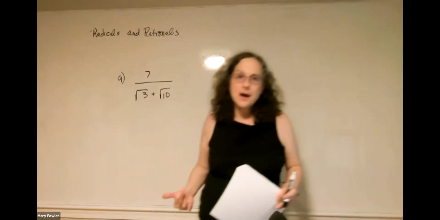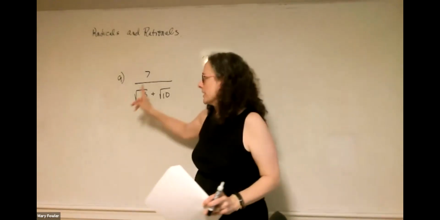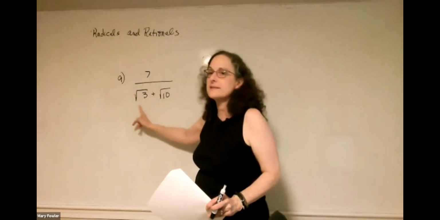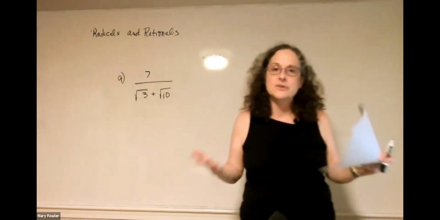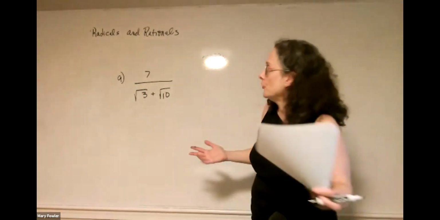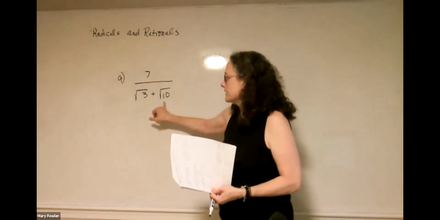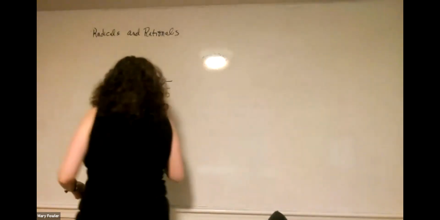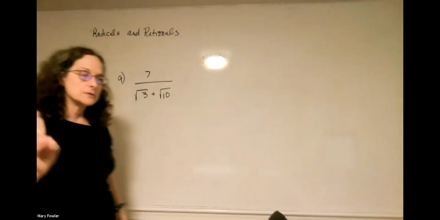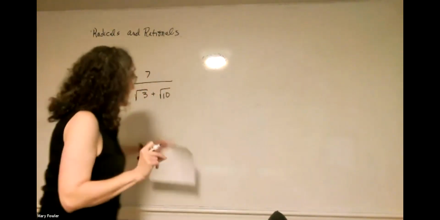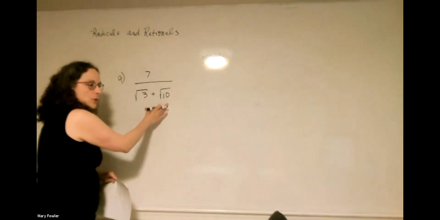So in number 9, we're asked to rationalize the denominator again, but we see the denominator is a little more complex. It's the sum of 2 radicals. When we want to rationalize a denominator like this, we multiply numerator and denominator by 1, okay? But we're going to multiply by what we call the conjugate.